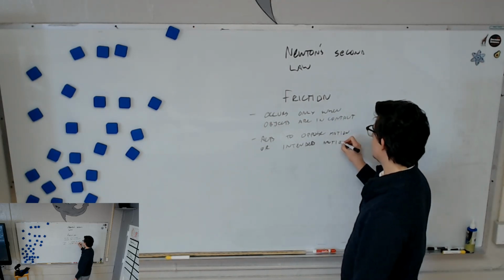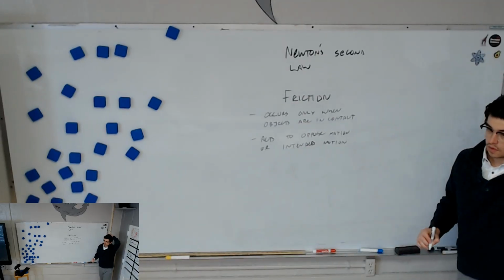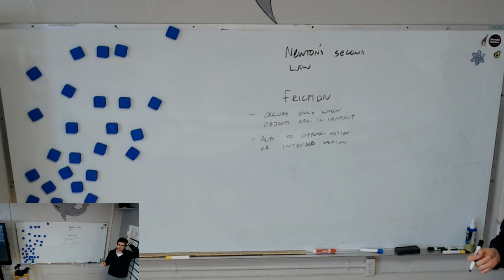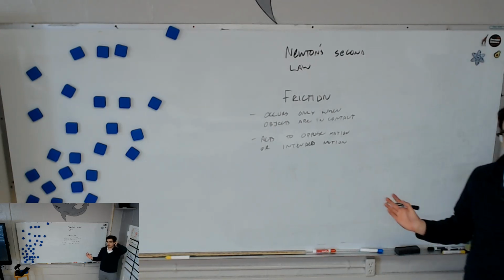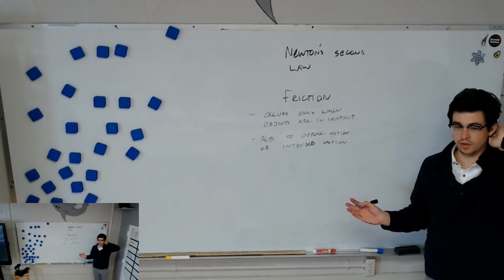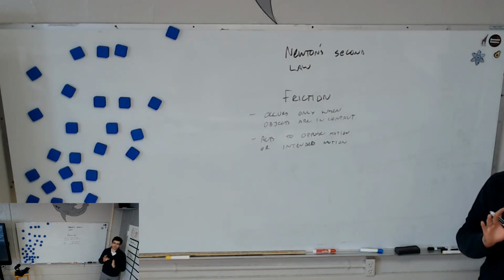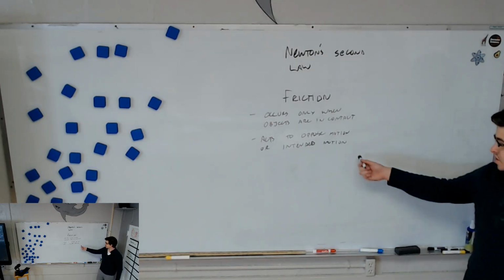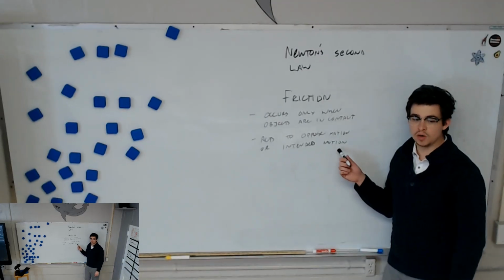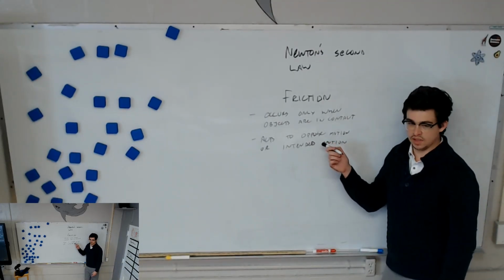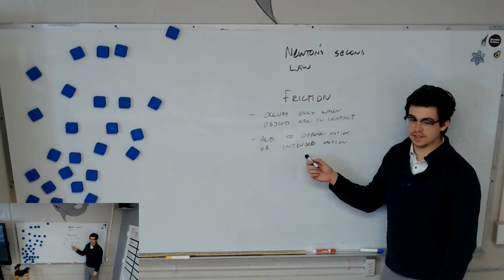Which means that, for instance, if you went to push an actual bulldozer, the thing that would stop you from being able to move it would be friction. It's not in that case opposing motion because it's not moving, right? But it is opposing the intended motion.